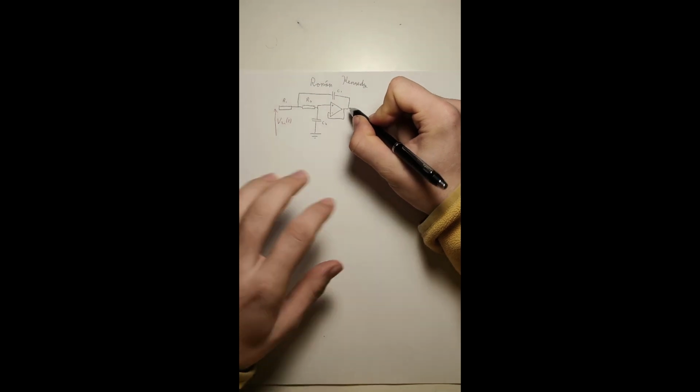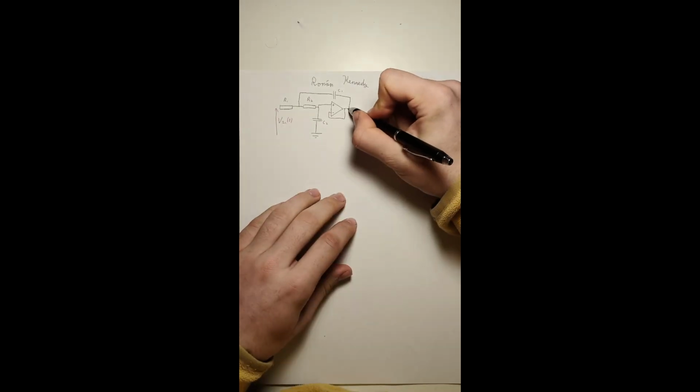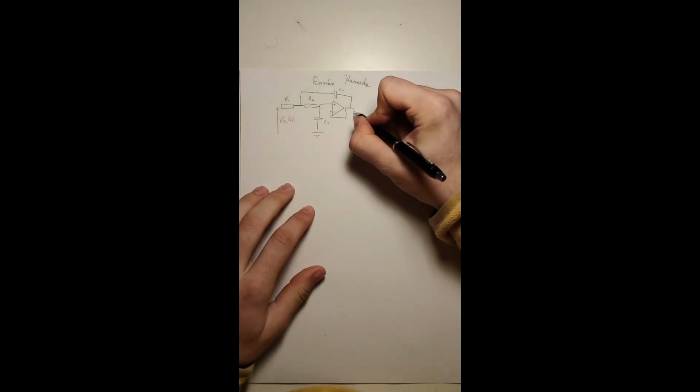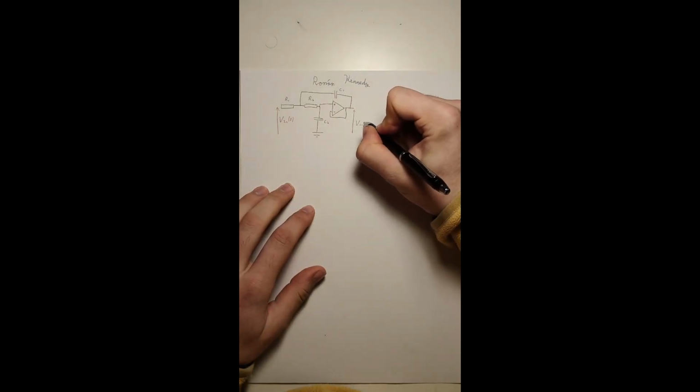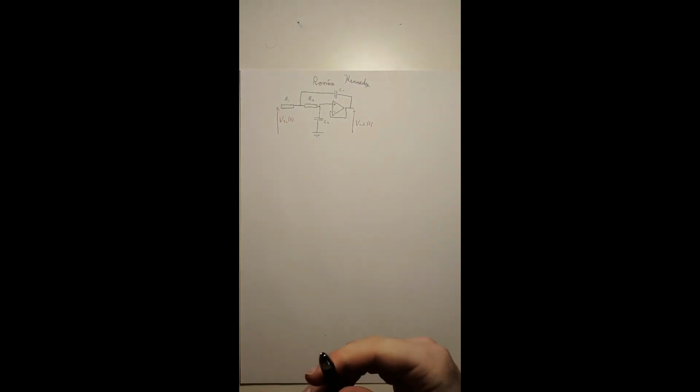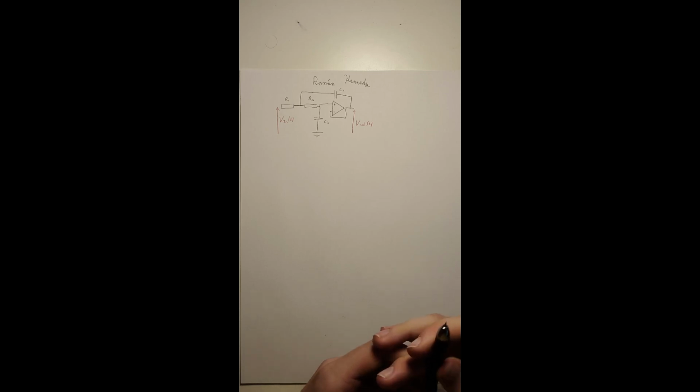And from this point here will be V out of t. Like that. So now that we have the circuit drawn, I'm going to draw out the transfer function.